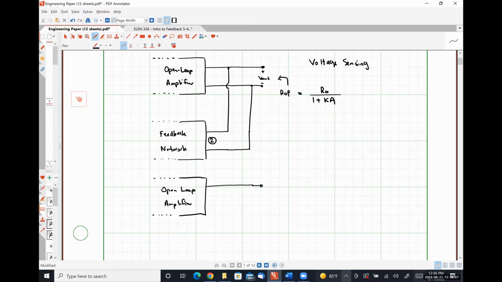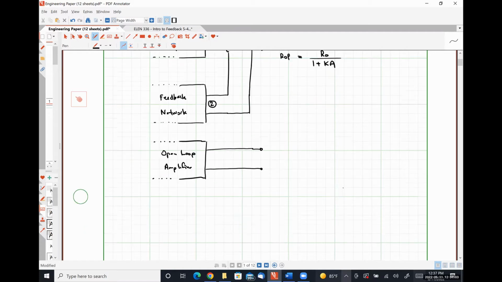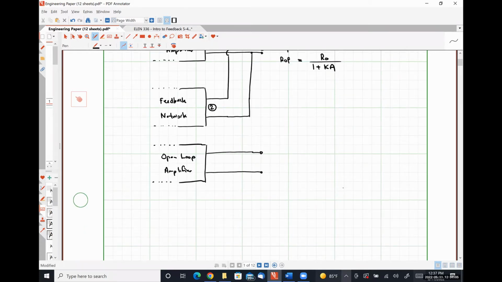Here is our output of our open loop amplifier. Then we're going to have our feedback network. This is again port 2.